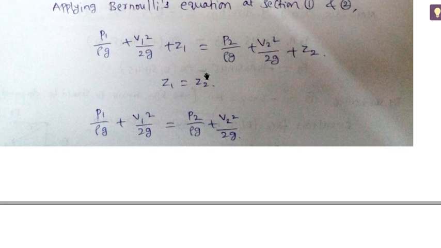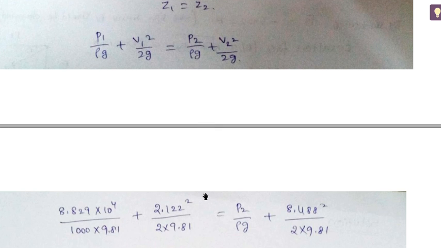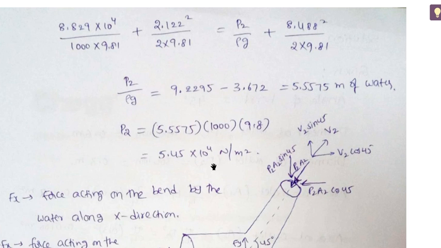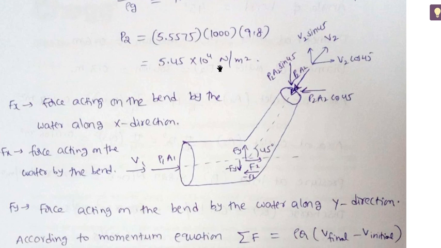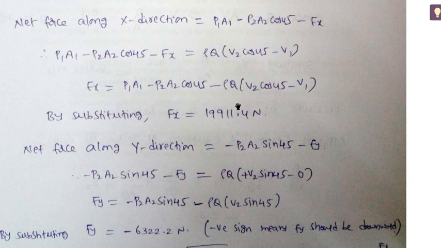We know all the things except the pressure at the exit. So we can find the P2. P2 value is 5.45 into 10 power 4 Newton per meter square. So now we can substitute all the values to find the Fx and Fy.